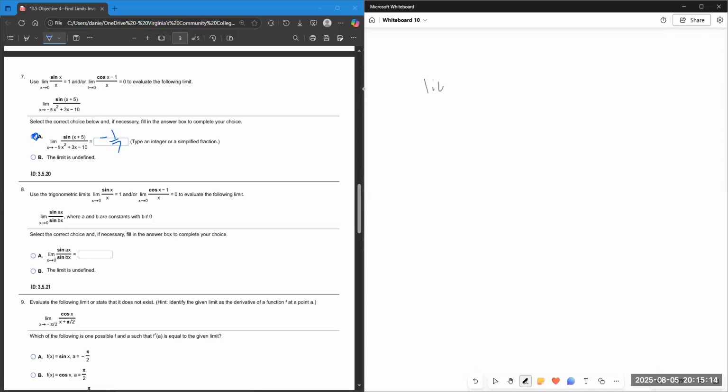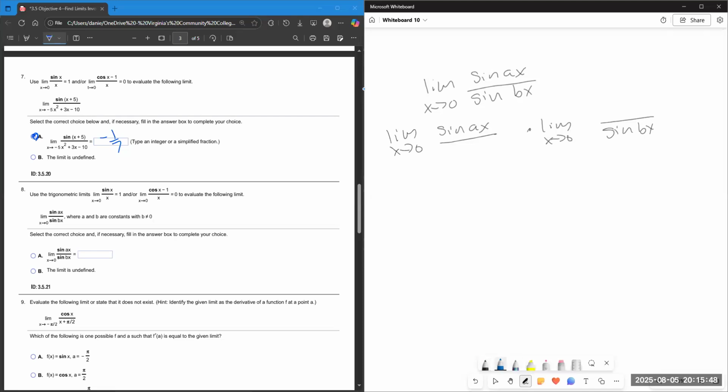Now we have limit as x goes to 0, sine of ax over sine of bx. So we're going to want to split that. Limit as x goes to 0, sine ax over something times limit as x goes to 0 of something over sine bx. And let's change colors here.